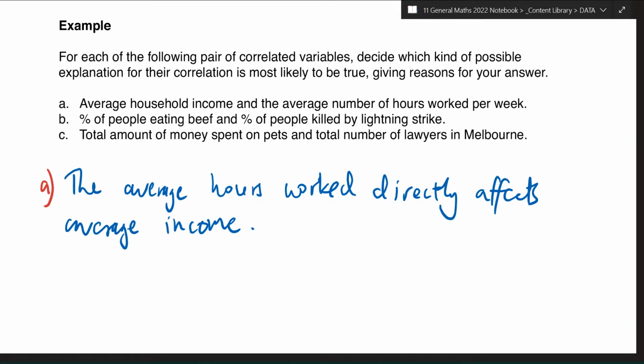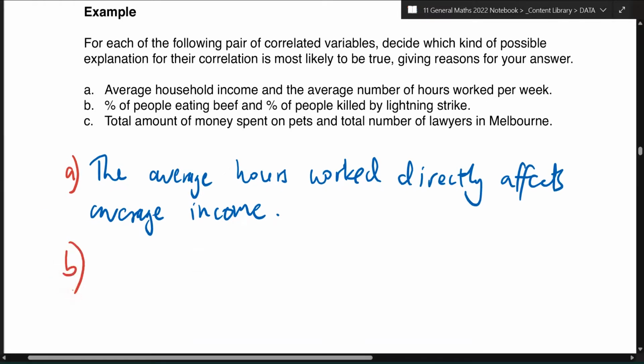What about the second one? B. Percentage of people eating beef and percentage of people killed by a lightning strike. So the more you eat beef, the more steak you eat, the more lightning strikes occur. Is there a connection there?